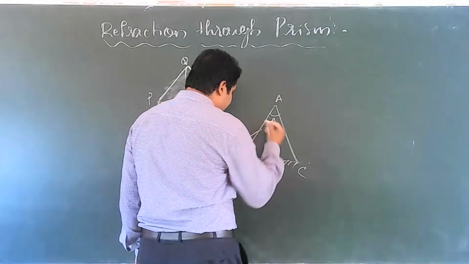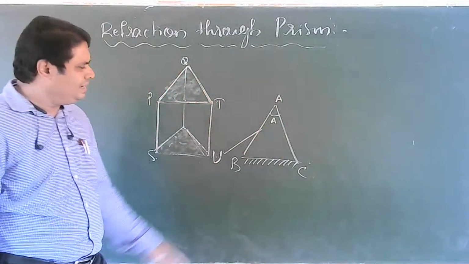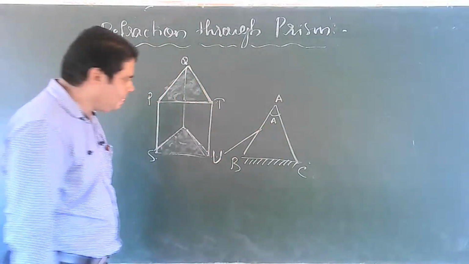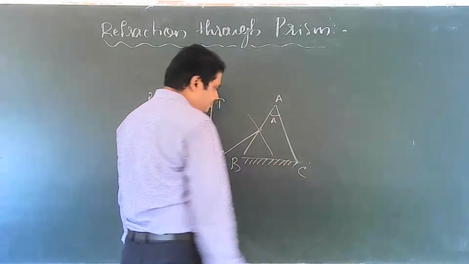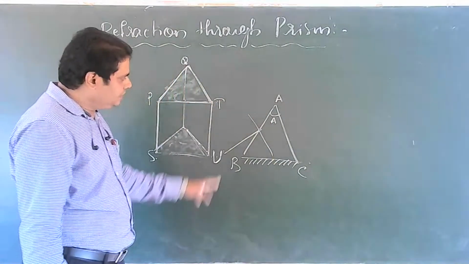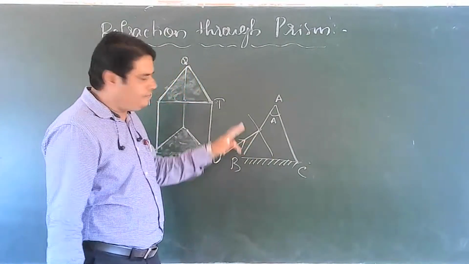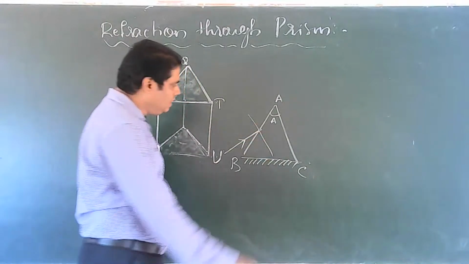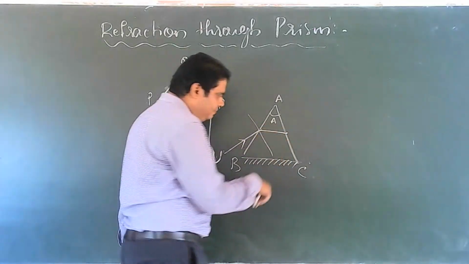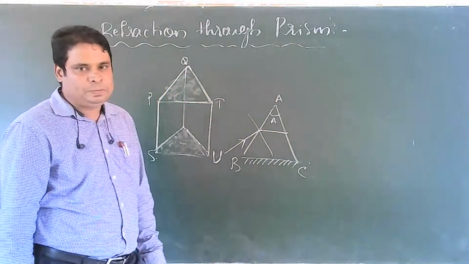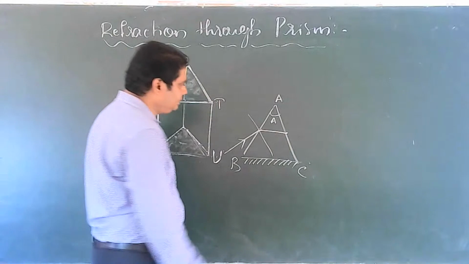When a ray of light is incident on any surface, say for example AB, and if you draw a normal, the ray of light is traveling from rarer to denser. Automatically we observe bending of light towards the normal.